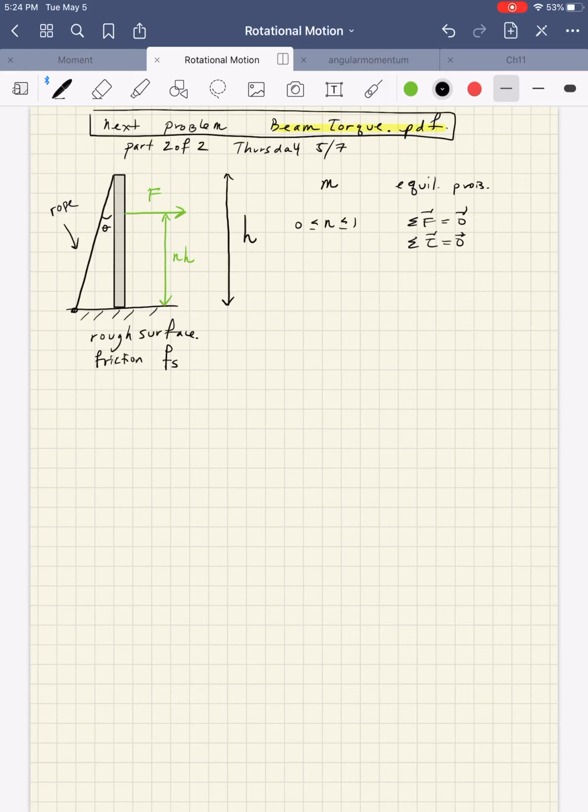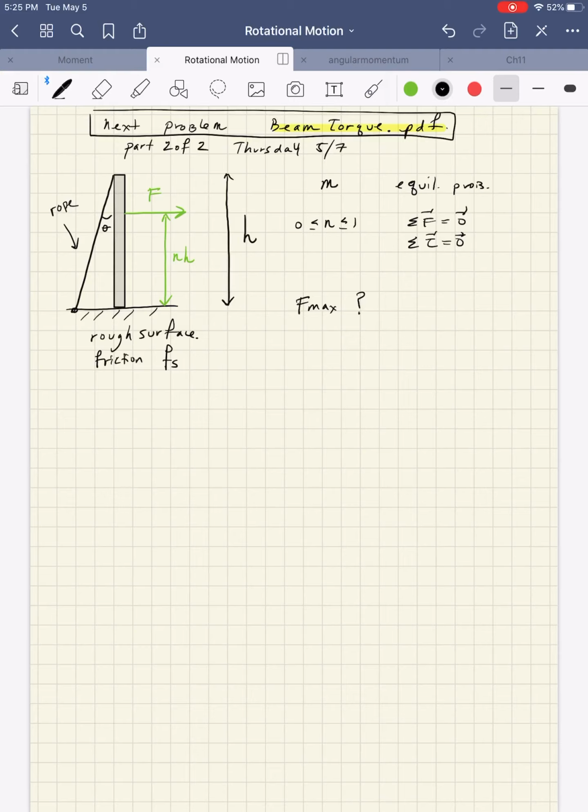And the idea is that you're going to pull on this beam more and more, and ultimately you're going to be looking for the point at which this thing starts to rotate or move. So part of what you're working towards is finding what is the maximum value of pulling that you can have before rotation and translation occurs.